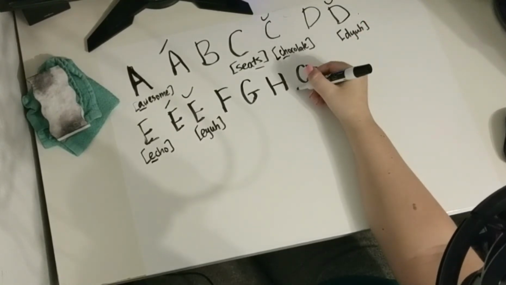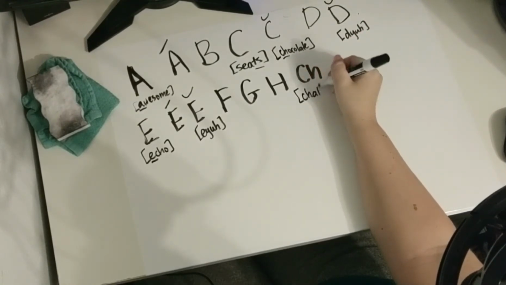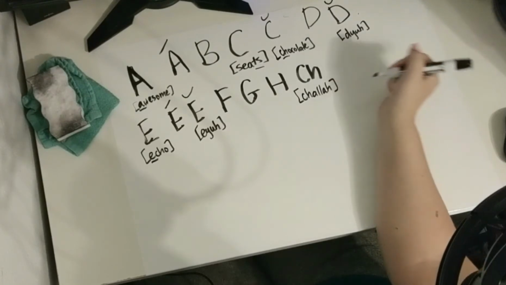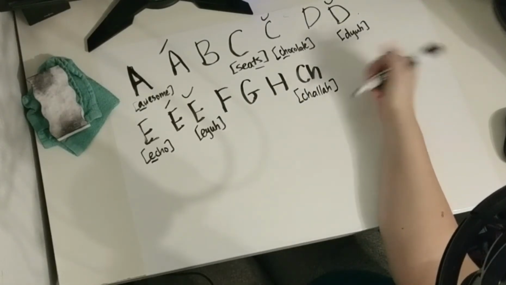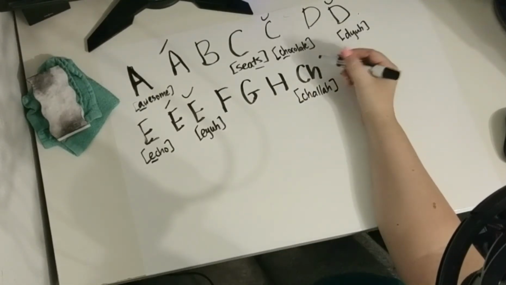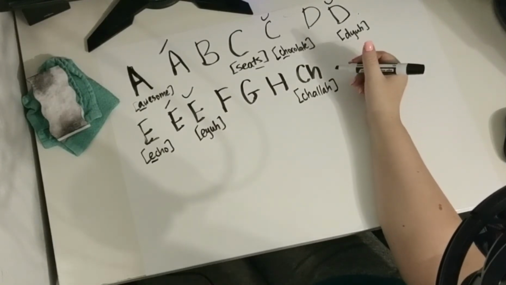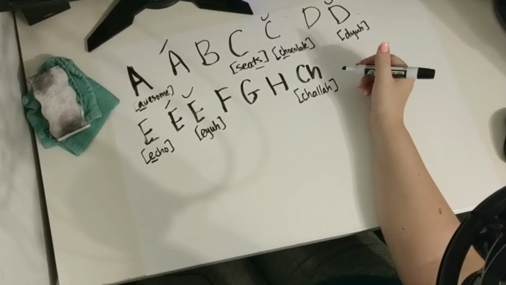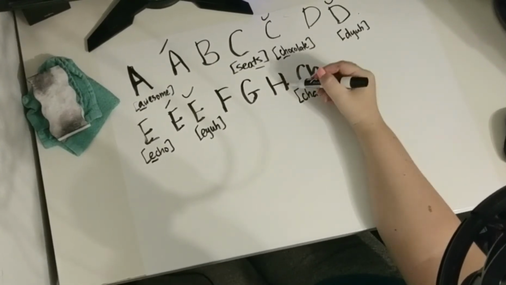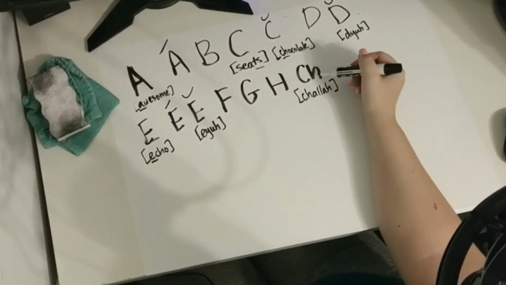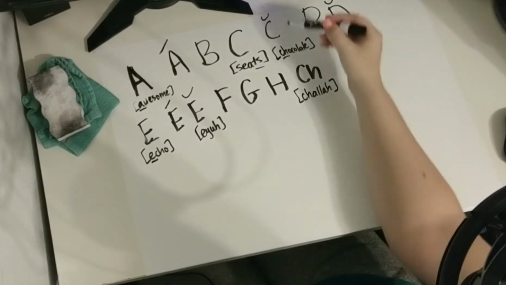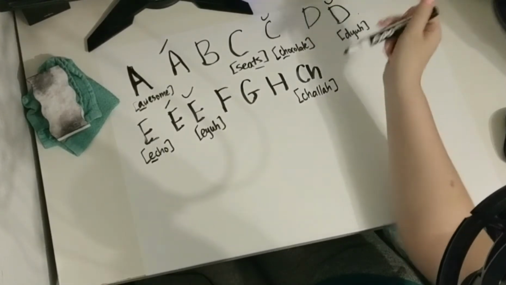So think of challah bread, right? Or Hanukkah. Words like that. It's in the back of your throat. Almost like someone's grabbing you and you're being choked. So not ch, because that's this one, see, with the hook.